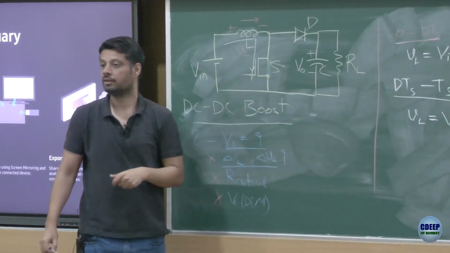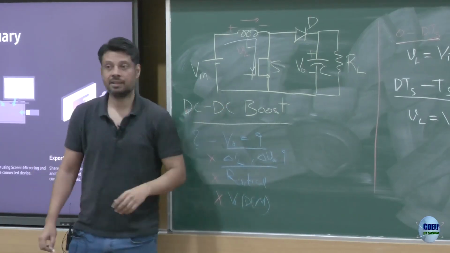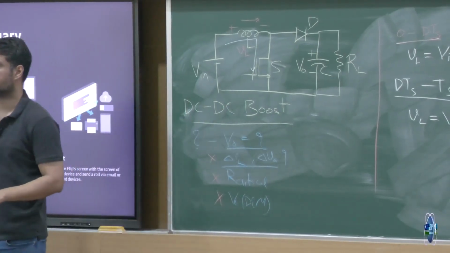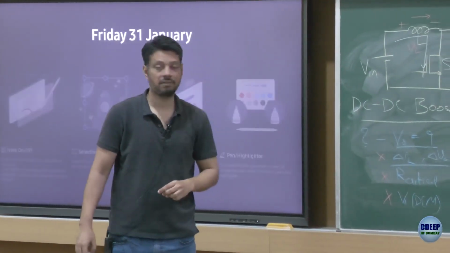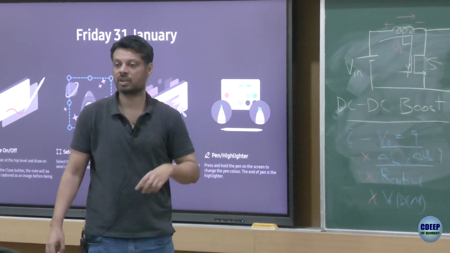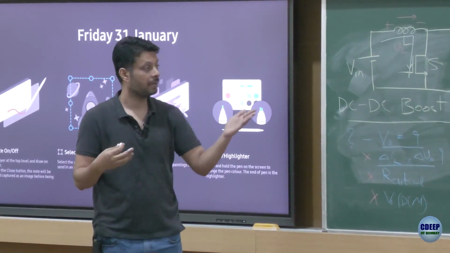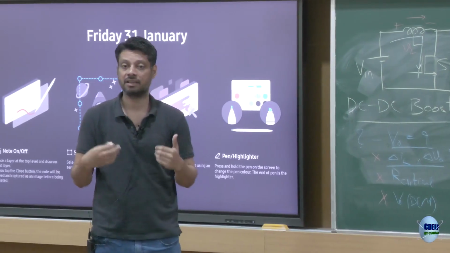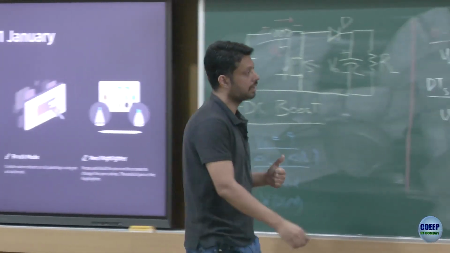Alright. In the second period, the voltage across inductor is V in minus V naught. Is this a positive value or a negative value? It's negative because it is a boost converter, so output voltage will be more than the input voltage. So V in minus V naught will be negative, and therefore the inductor current slope will be negative and the current will start falling.